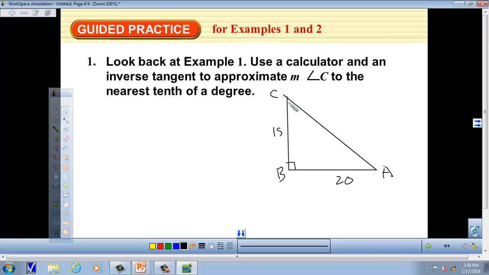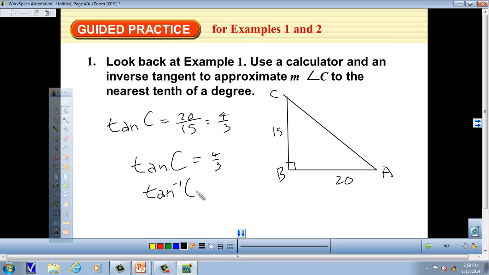So we want to find the measure of angle C using inverse tangent. That would be tangent of C, this time equals 20 over 15. That reduces to 4 over 3. So now that we have the tangent of C equal to 4 over 3, we can say that the inverse tangent of 4 over 3 equals the measure of angle C.